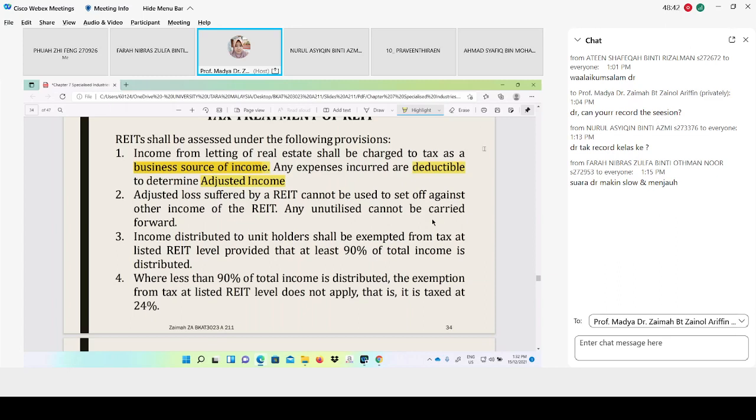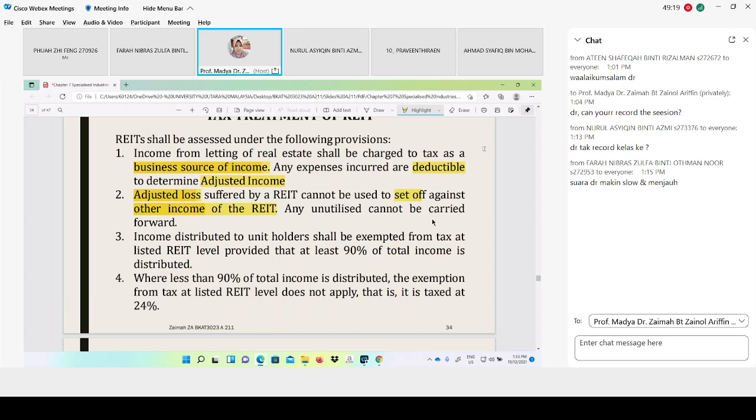Adjusted loss suffered by a REIT cannot be used to set off against other income of the REIT. For example, if the allowable expenses for rental income are greater than the gross rental income itself, you will suffer an adjusted loss. This adjusted loss cannot be set off against other income, for example interest income.